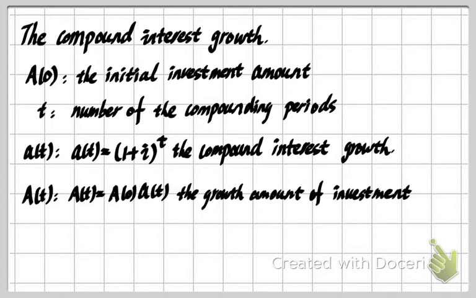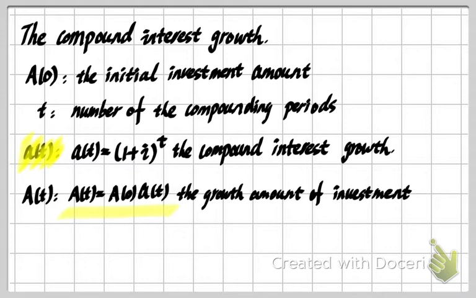We know the compound interest growth, generally we denote this by small a(t). Then we can use this notation to help us compute the gross amount of our investment, which is denoted by the initial investment amount times the compound interest growth. So this is one way where we reinvest the interest we earned by the end of each period.